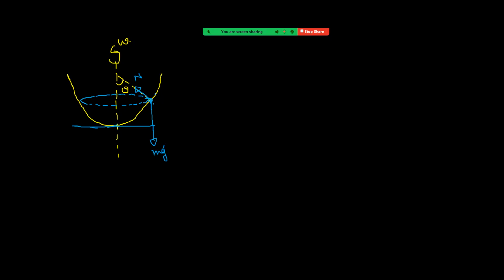So I can write here, this angle is theta. N cos theta is balancing mg. Remaining component is providing centripetal force. So N sin theta is centripetal force, writing that net force as mass into V square by R.